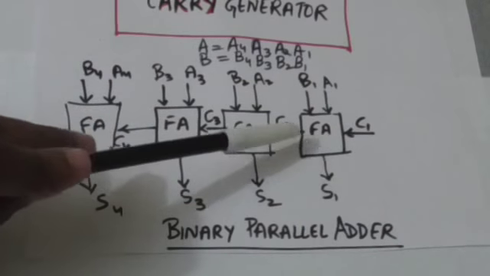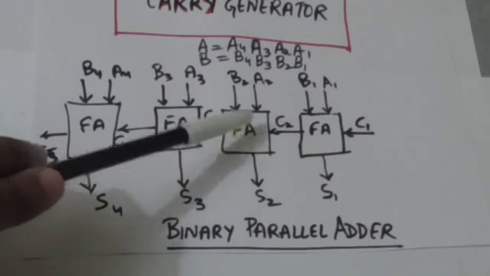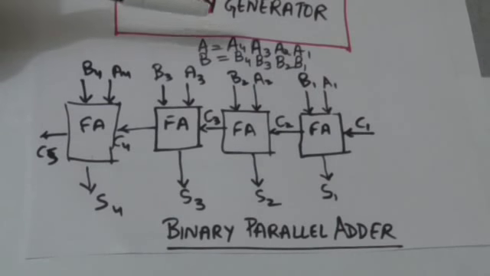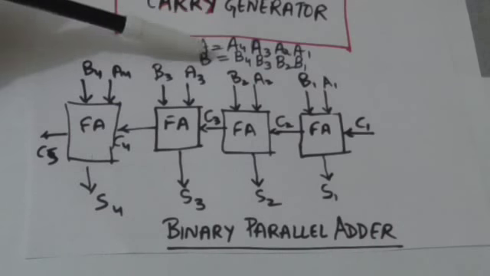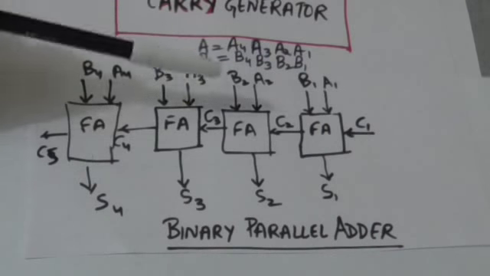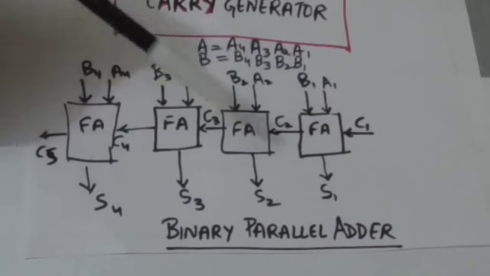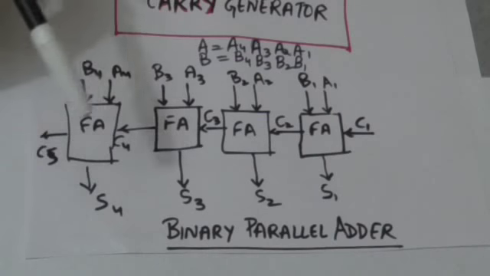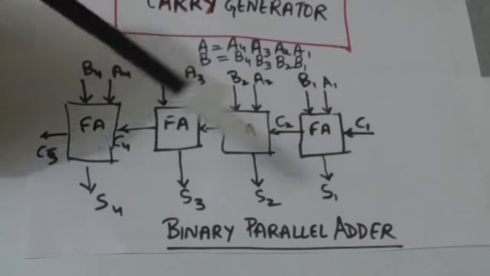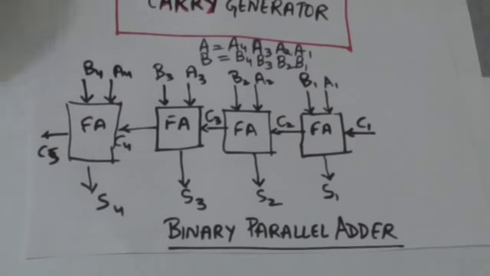Output carry of one full adder will be the input carry of the next full adder. All bits of the binary numbers A and B will be applied simultaneously. Here symbols C1, C2, C3, C4 and C5 represent carries, and S1, S2, S3, S4 are the sum bits.